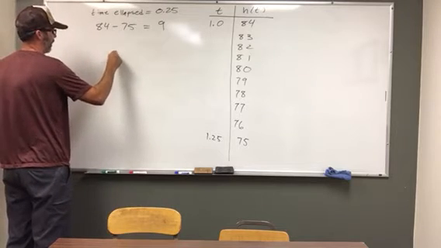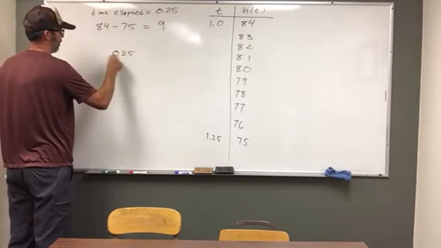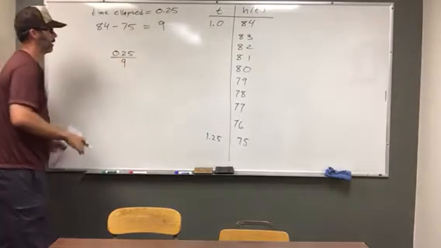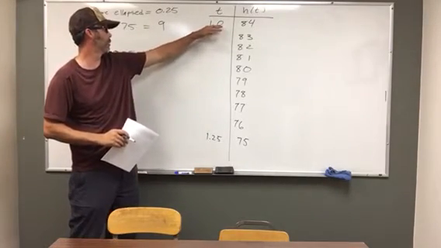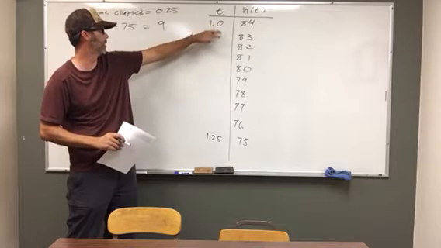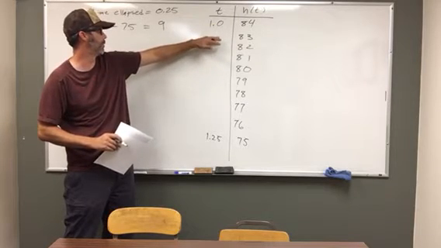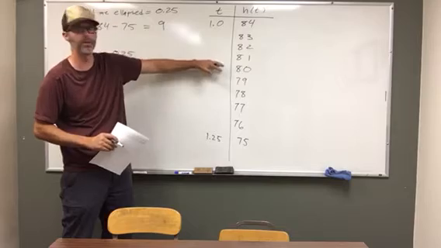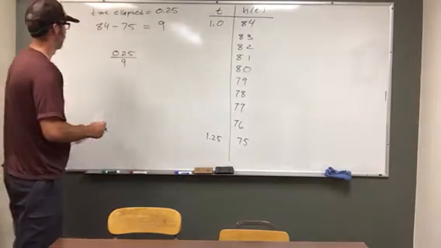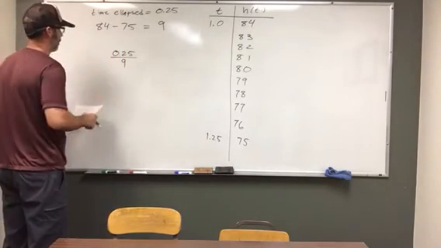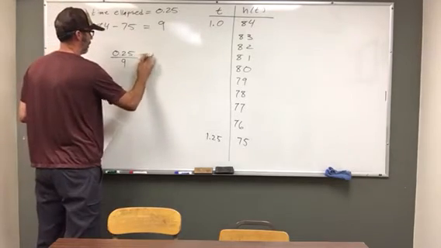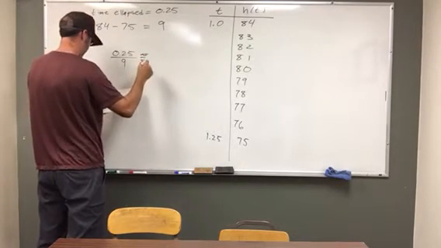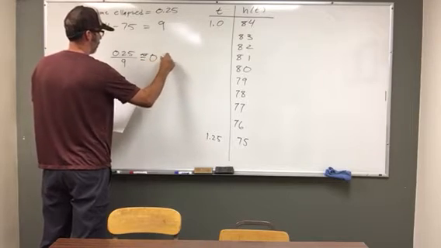So we're going to divide 0.25 by 9. This will tell us how much more time elapsed to get from 1 second to this time, from this time to this time, on average. Okay, 0.25 divided by 9 is roughly estimated at 0.028.